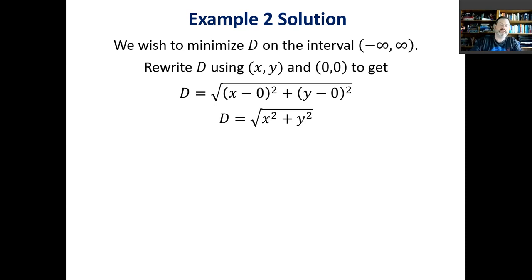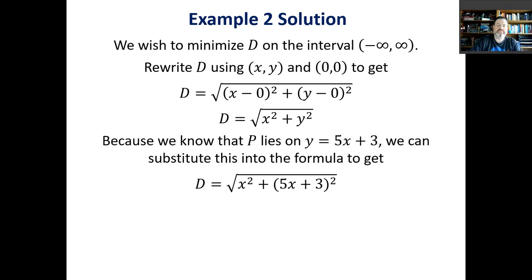I want to minimize this, but there's still 2 variables here. So now I use the constraint. P lies on y = 5x + 3. We substitute this into the formula. Then you do some algebra, and then you're ready to take a derivative. But before you do that, I want you to look at this function and ask, is this really something I want to take a derivative of?